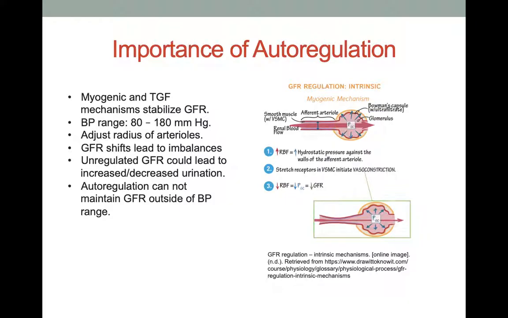At the same time, if my blood pressure drops, I don't want to slow down the process, because that could decrease urination when I need to be getting rid of those wastes. So we want to maintain that process. But once we get outside of the range of 80 to 180 millimeters of mercury, then autoregulation really can't do a whole lot for us here.